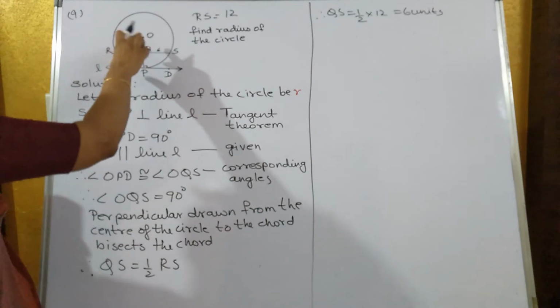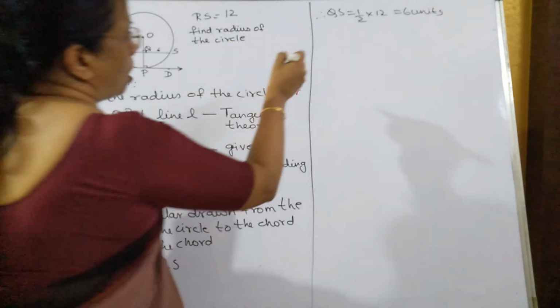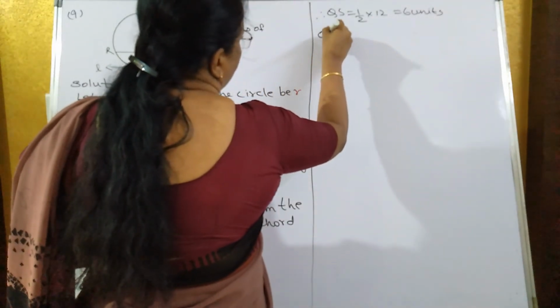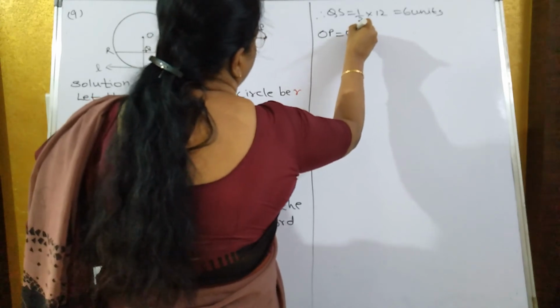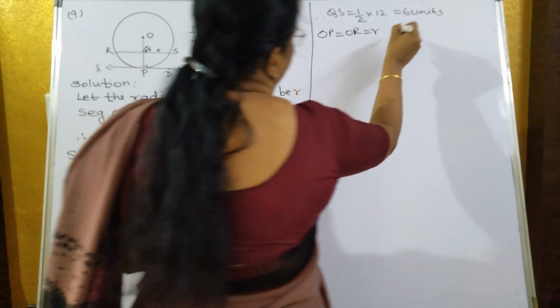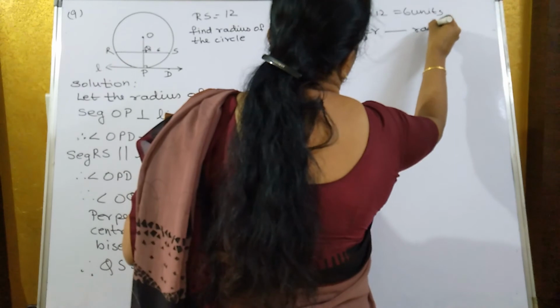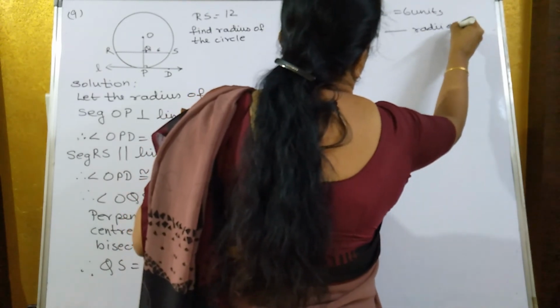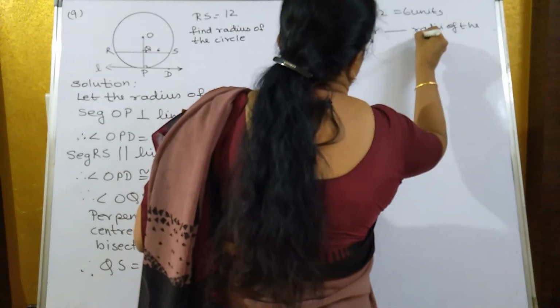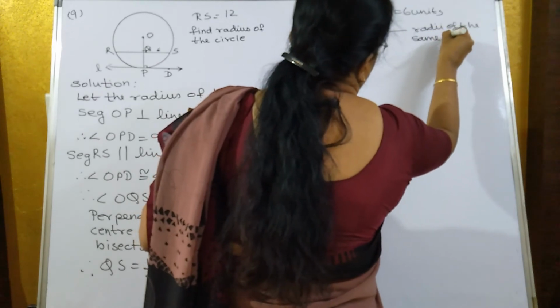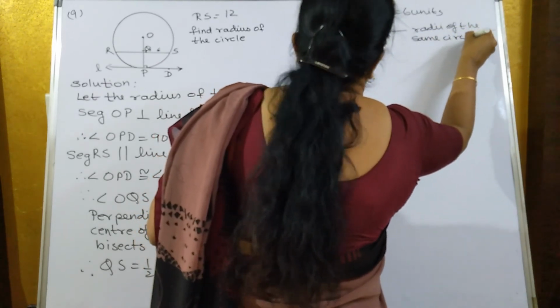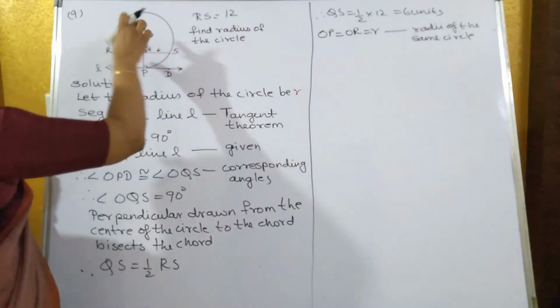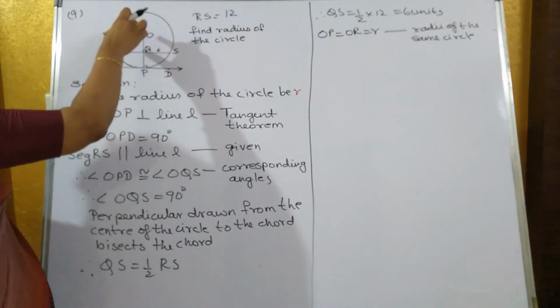Now OP is equal to OR is equal to R. Why? Radii of the same circle. OR is also a radius and OP is also a radius.